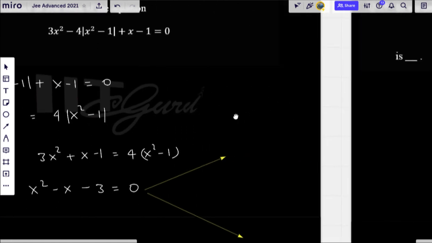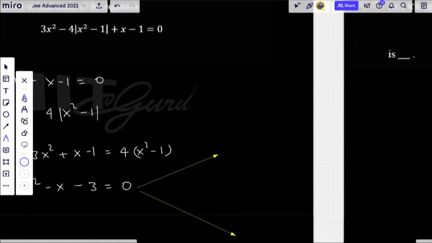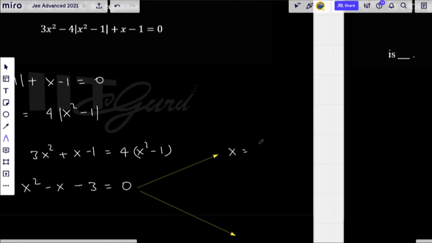Applying Sridharacharya formula, x equals minus b plus minus under root b square minus 4ac upon 2a. So x equals 1 plus root 13 upon 2, and x equals 1 minus root 13 upon 2.